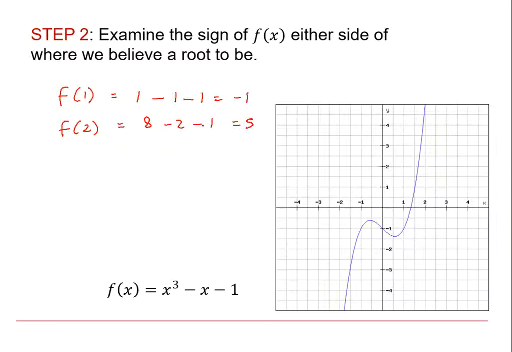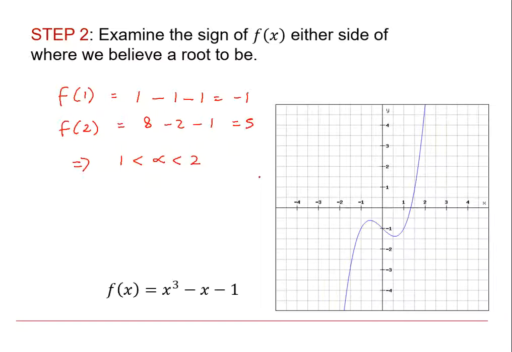So we've established a change of sign in the function, and so with one exception which we'll be looking at in a moment, this is going to mean that the function crosses the x-axis somewhere between 1 and 2, and so if we call our root alpha, we can say that alpha has to lie between 1 and 2.